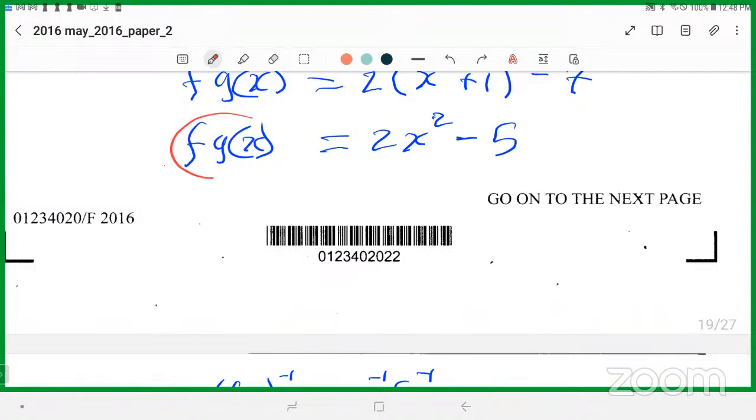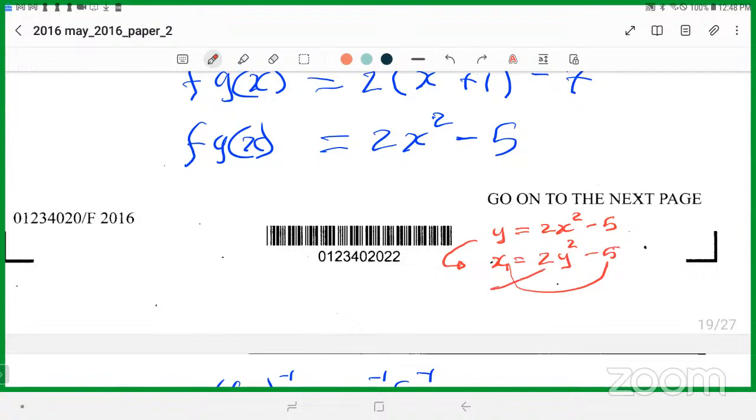If I call this y, just for simplicity, y equals 2x squared minus 5. And I inverse it, then this y will become x, and x will become y: x equals 2y squared minus 5. Firstly, to make y squared the subject, we'll take over the 5 and then divide by 2.